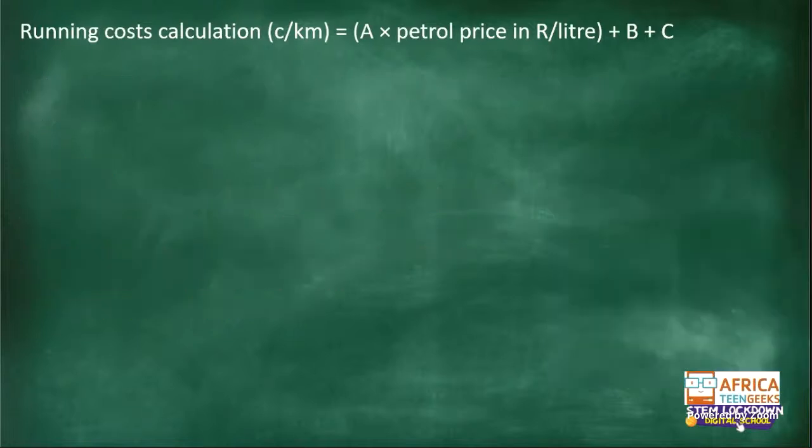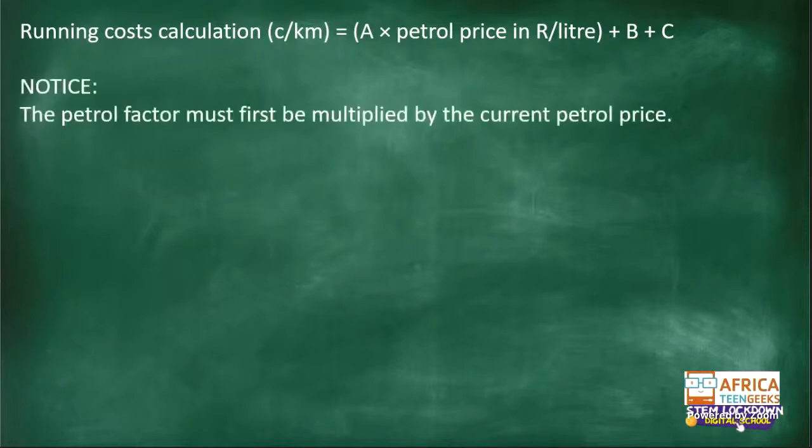Now, we've been able to demonstrate that the running cost will be calculated when you multiply your petrol factor by the price of petrol in liters. And then you add your column there, that is your service and maintenance. That is for B. And then for C, that will be your tires, the cost of your tires per kilometer.